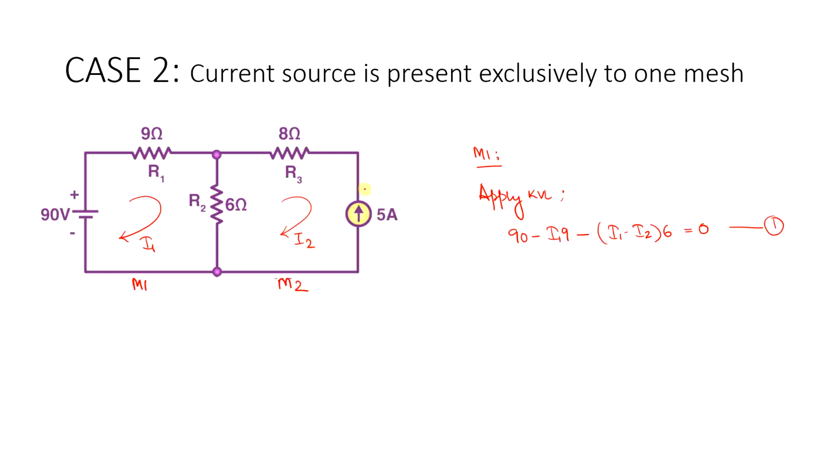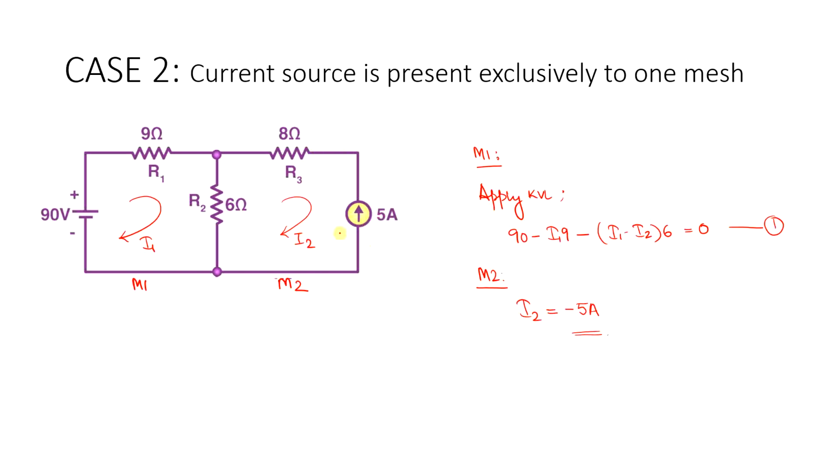So if you look here, this current I2 is already equivalent to the value that is specified in the current source. So from mesh 2, what we obtain is that the current I2 will be equal to minus 5 amps. The reason why the polarity is negative is because the direction of the mesh current that we have considered and the direction of the current source are opposite to each other.